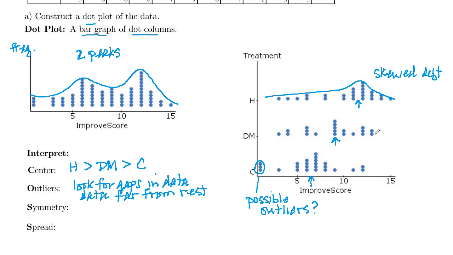Now this one is almost symmetric. If this value was right here, these would look pretty close to the same thing. So this one I could say is approximately symmetric.